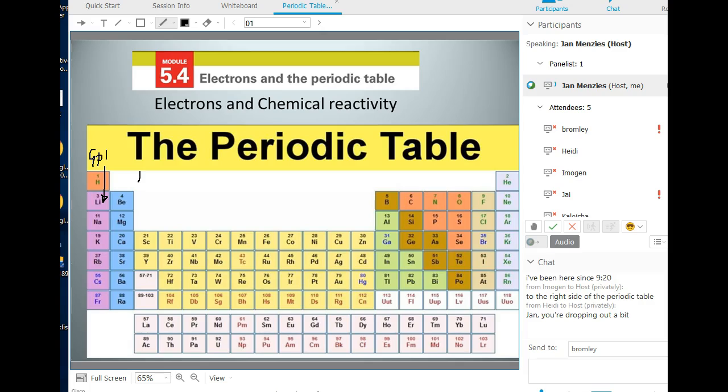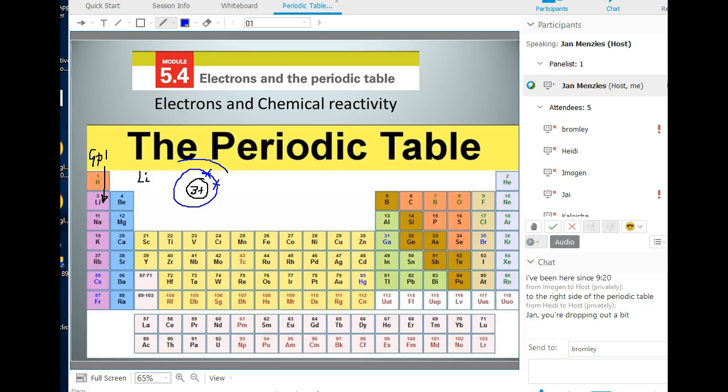So if I just check with lithium, lithium has an atomic number of 3. It has 3 protons. If it has 3 protons in the nucleus, then it's going to have 3 electrons in the shells. And I hope you're beginning to know the first shell is full with 2 and chemically stable.